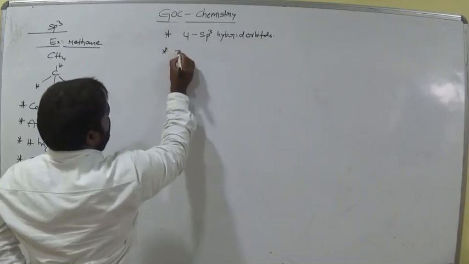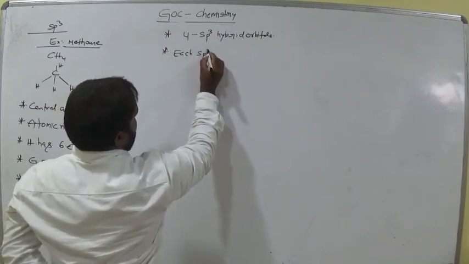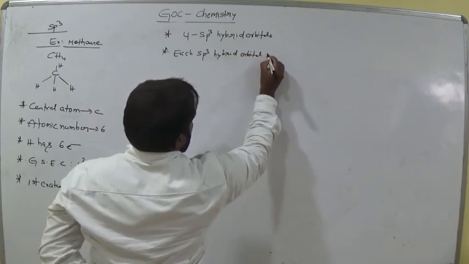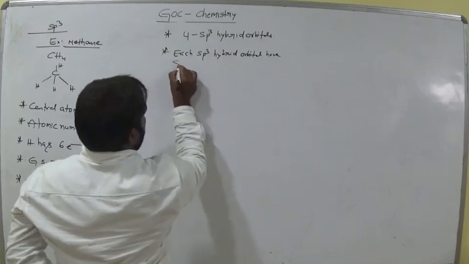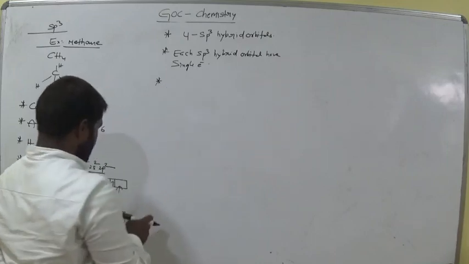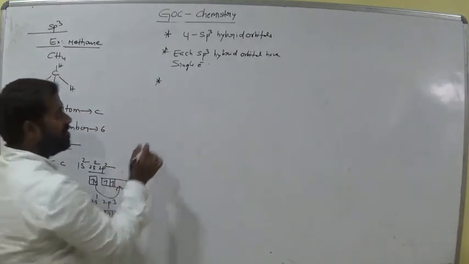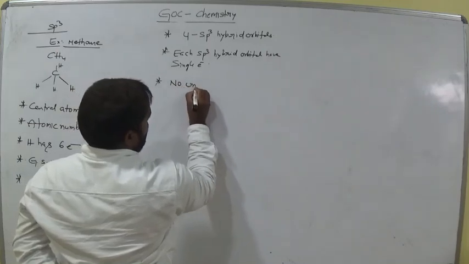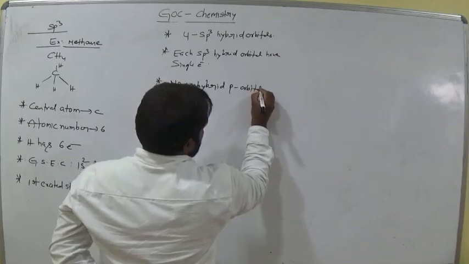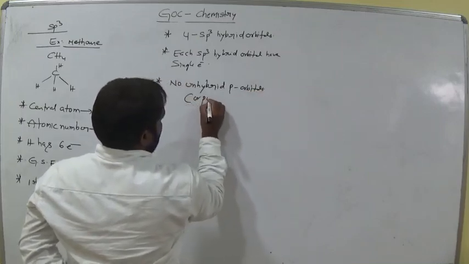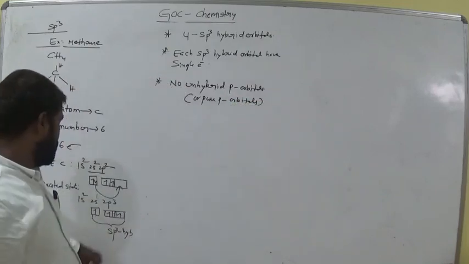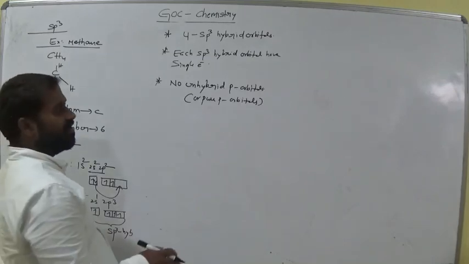Each sp3 hybrid orbital has a single electron. There are no unhybridized or pure p orbitals, since the 1 s orbital and 3 p orbitals are involved completely.